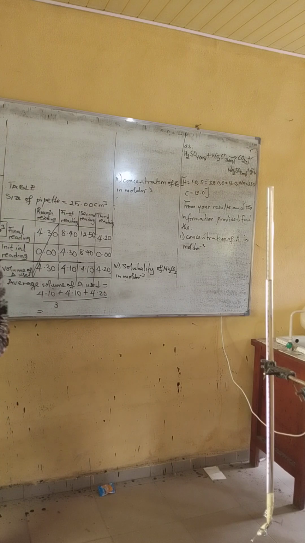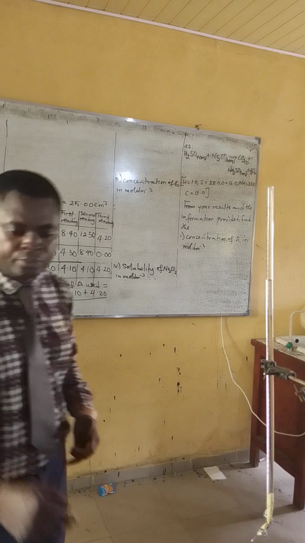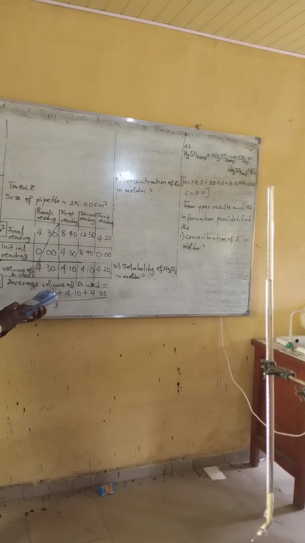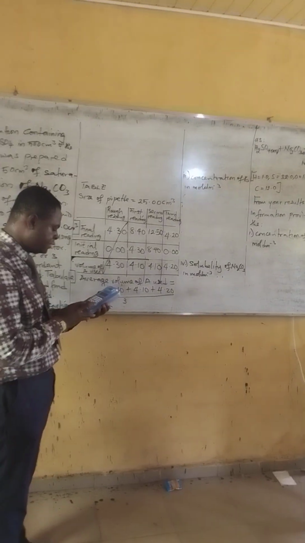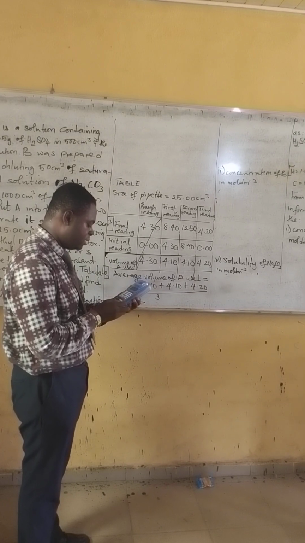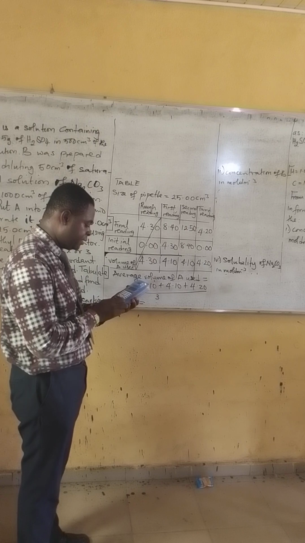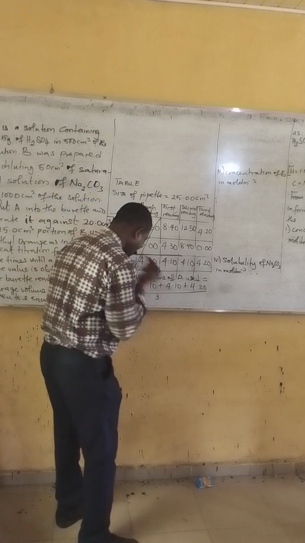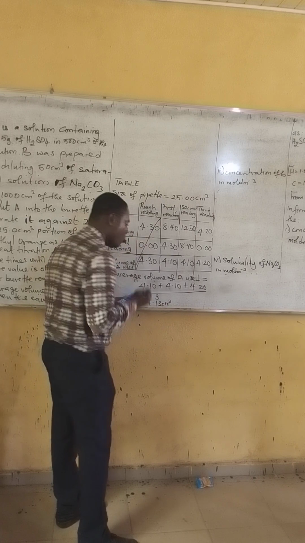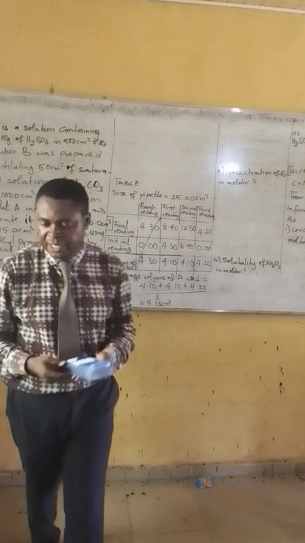So by my calculator, I have 4.1 plus 4.1 plus 4.2 divided by 3. Answer is 4.1. So I'm done with the titration.